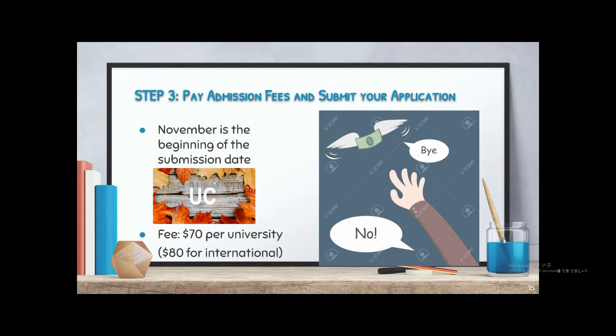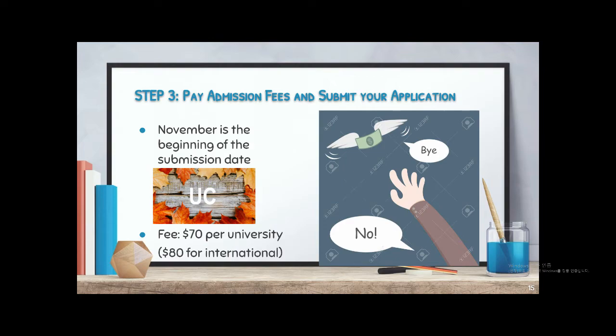Once you've finished each section of your application, you can submit it, as long as it's between November 1st and 30th. When you submit your application, first, you'll enter some final demographic information as well as your state of legal residence. Then, you'll review all the information you entered to make sure it's correct.